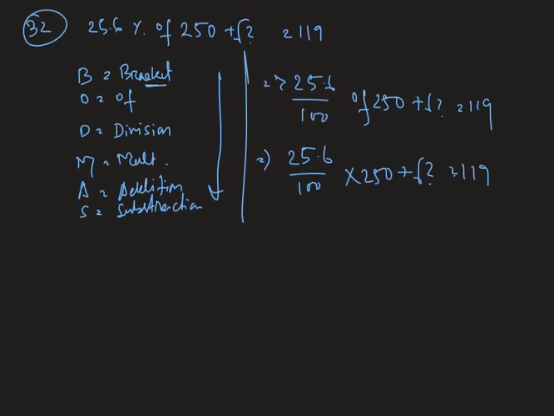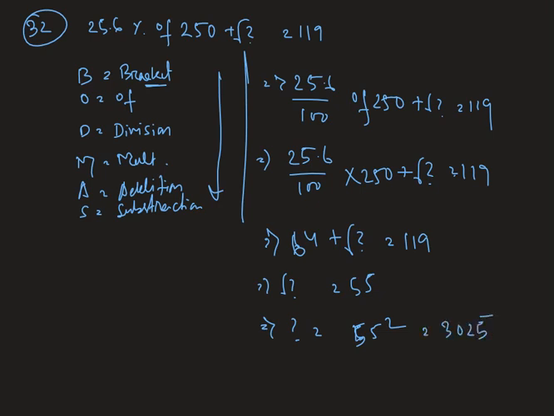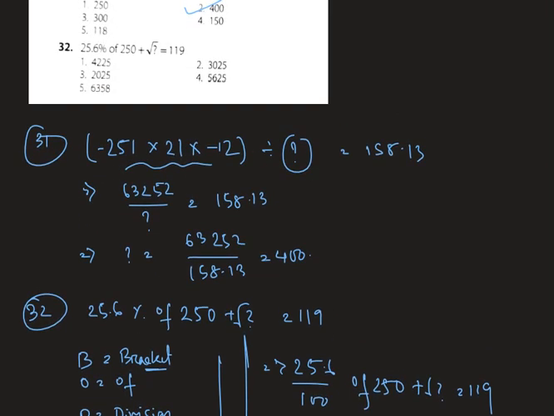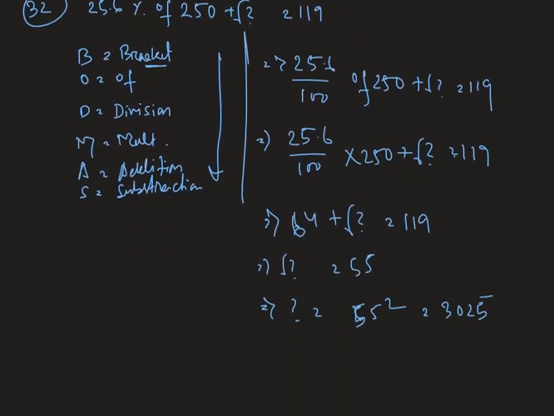That means 64 plus root over question mark is equals to 119. Hence root over question mark is equals to 55. Therefore the value of the unknown number is 55 square, which results in 3025. Therefore here also option 2 is the correct option.